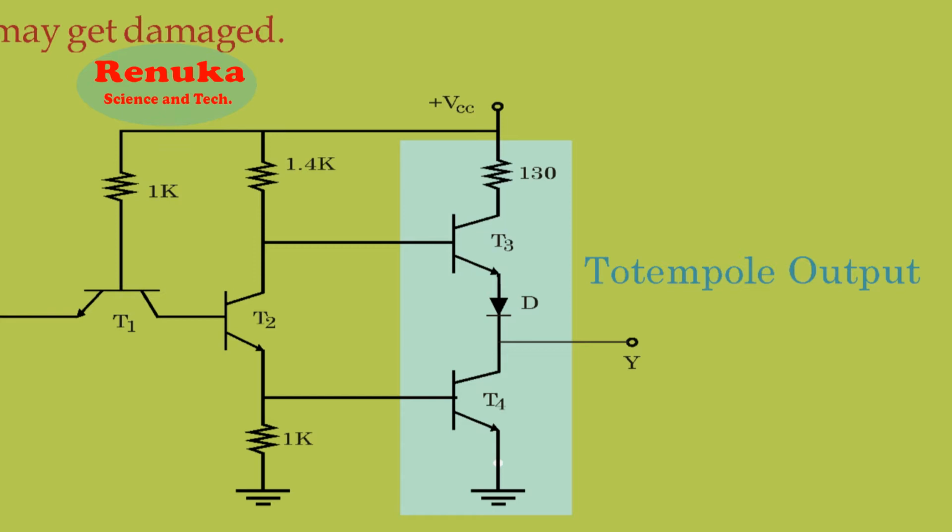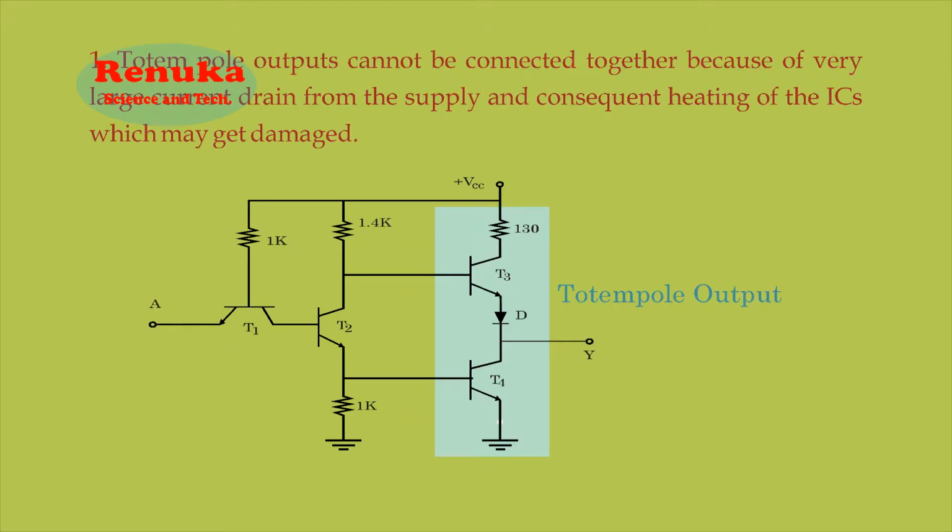Now the drawbacks on a bus. A bus is a common line, and when the outputs of such TTL gates are connected commonly, there are drawbacks.